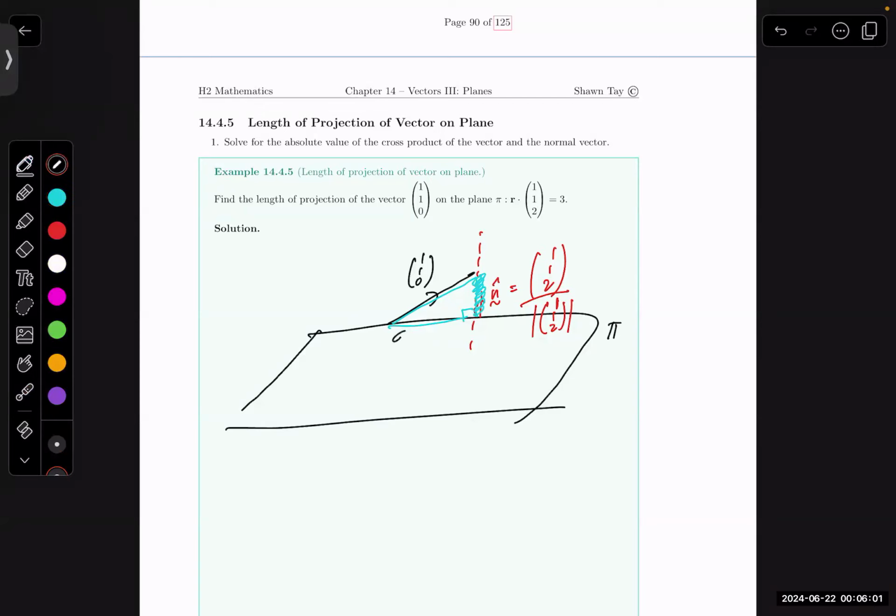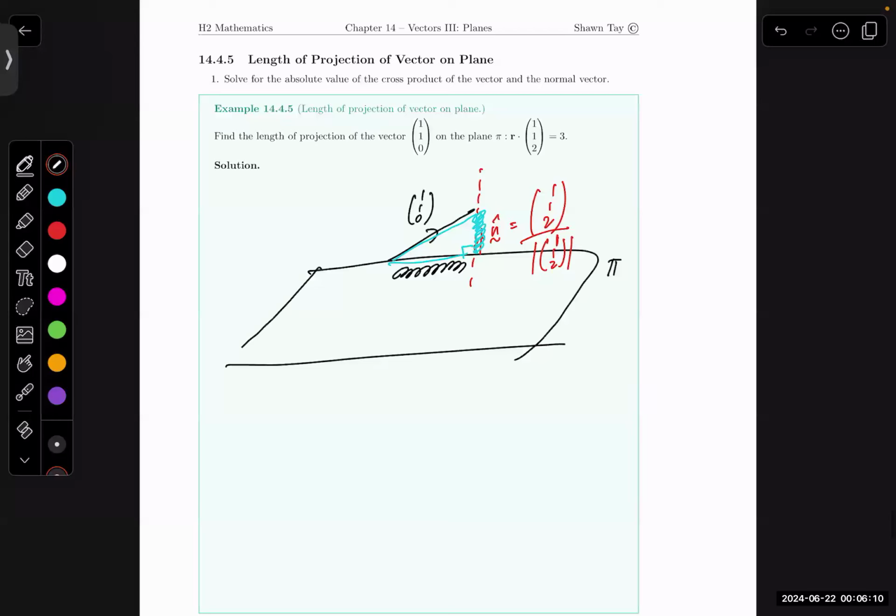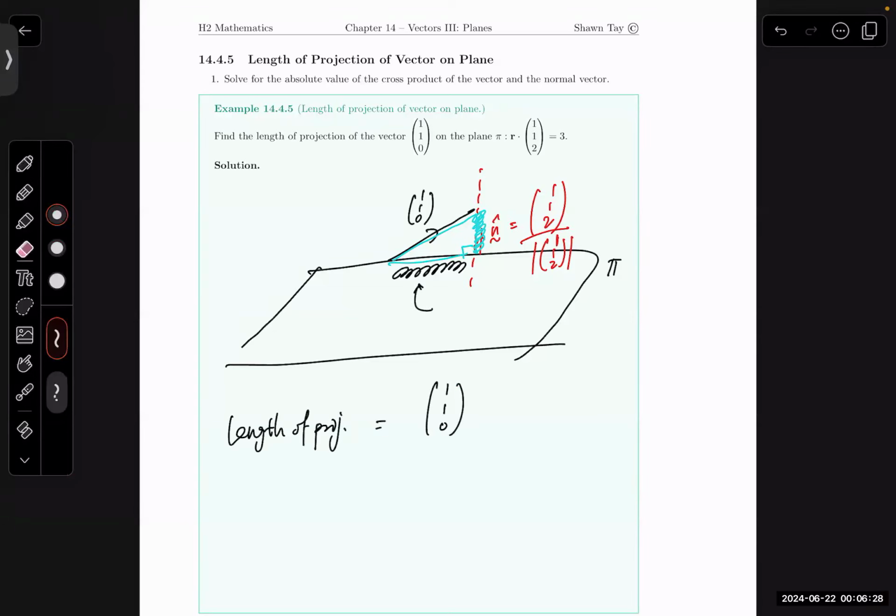The part that went missing is the cross product, which allows us to find the soul of the mosquito that disappeared, right? So I'm going to find length of projection equals to the vector 1, 1, 0, and I'm going to find the missing part. It's the missing component, right?